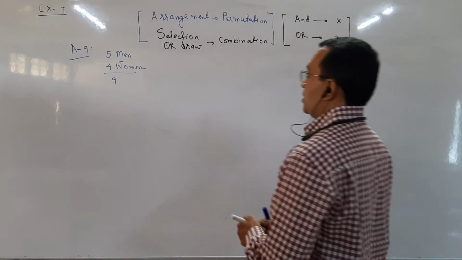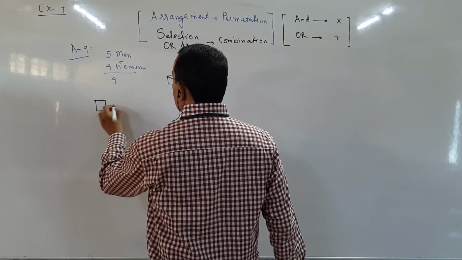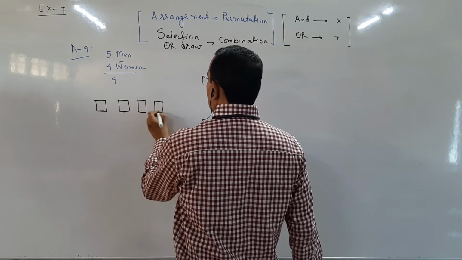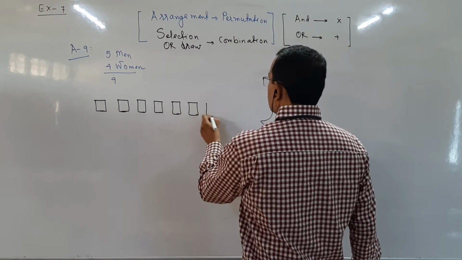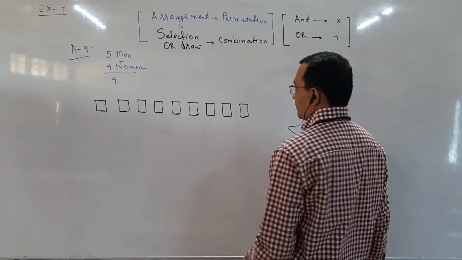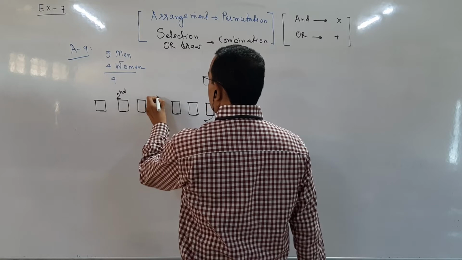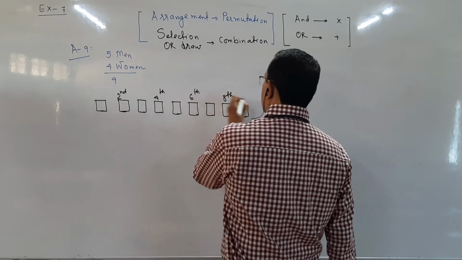So first of all, I draw 9 places: 1, 2, 3, 4, 5, 6, and the even places are second, fourth, sixth and eighth.